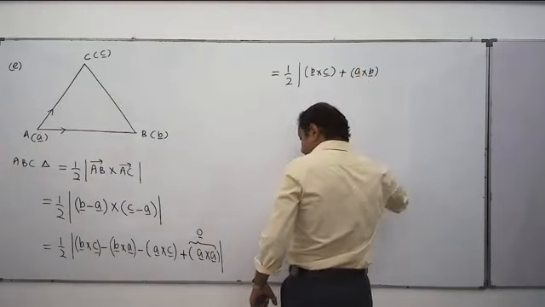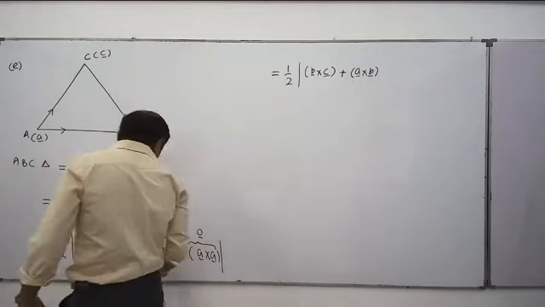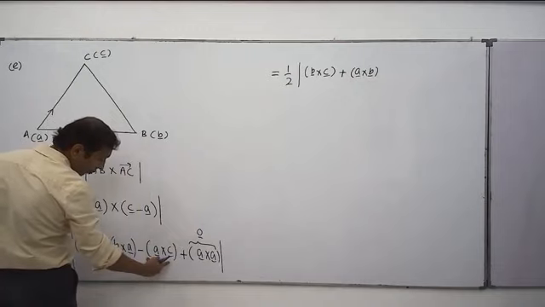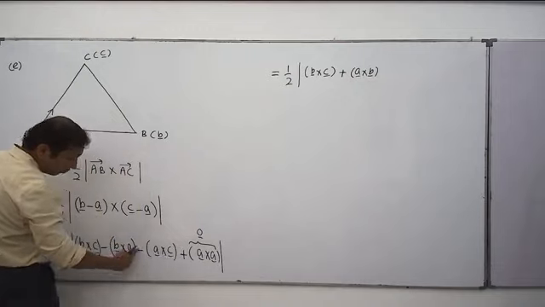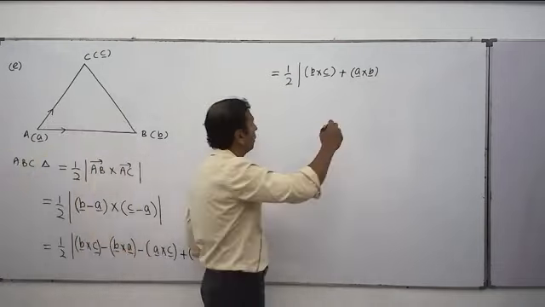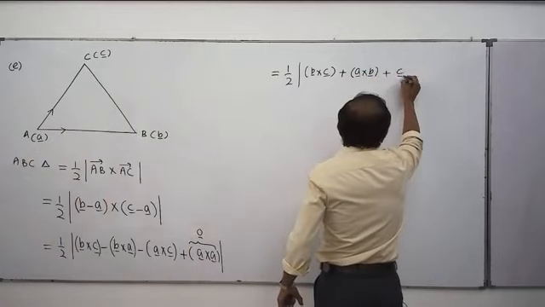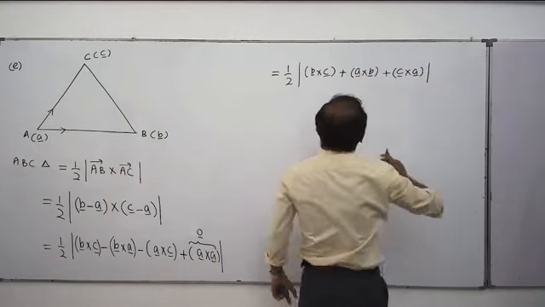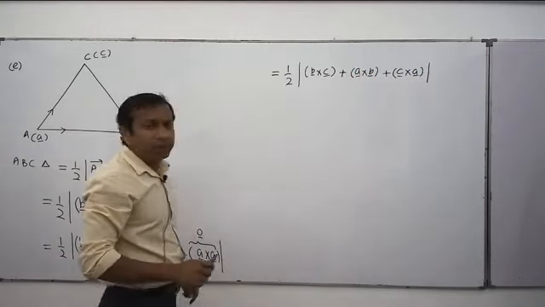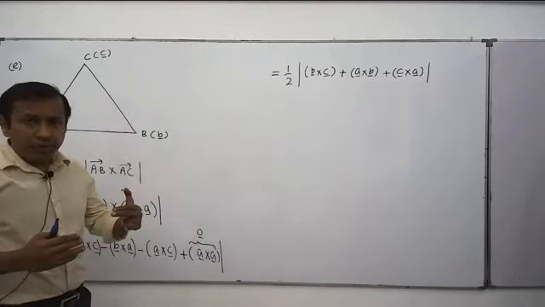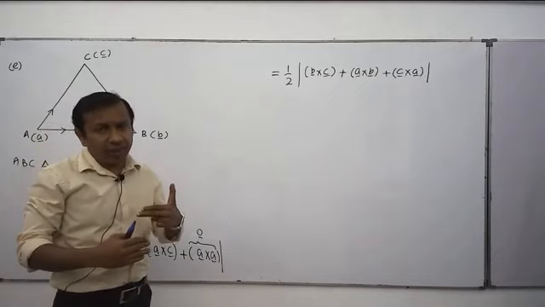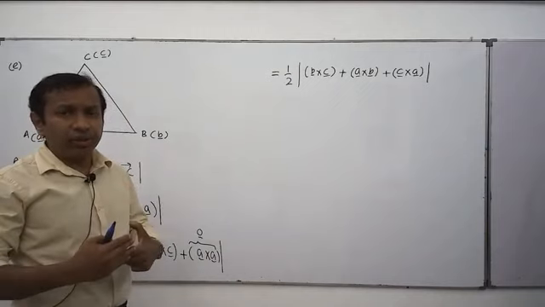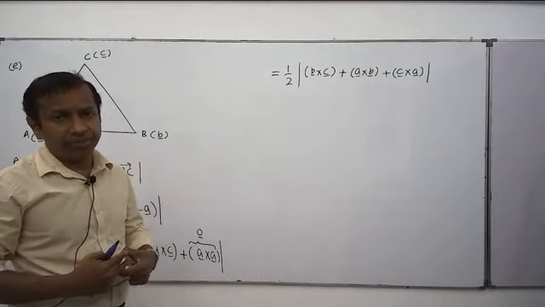Here also, A cross C we write as C cross A, another minus sign comes, so this makes plus C cross A. Now, vectors can be added in any order.